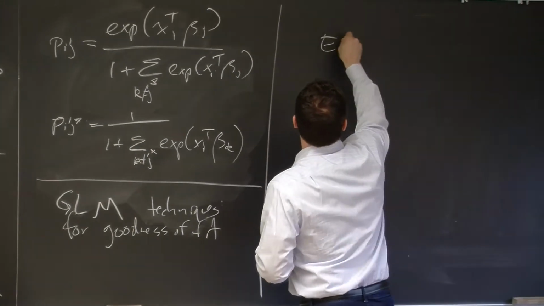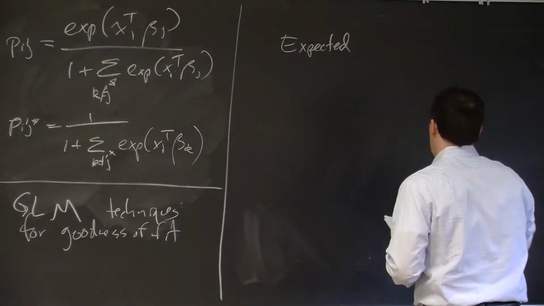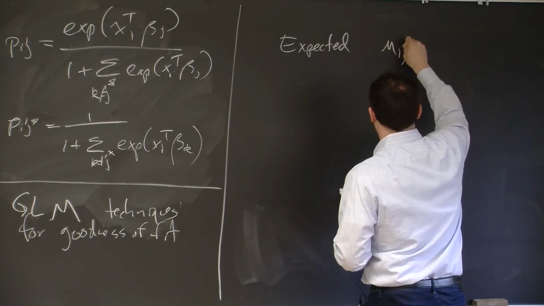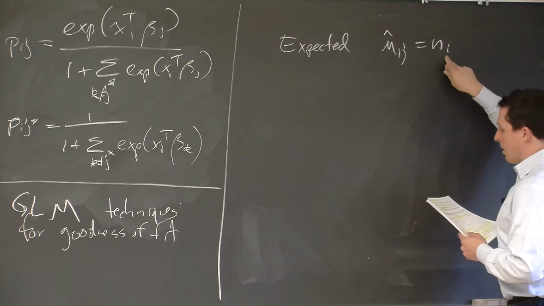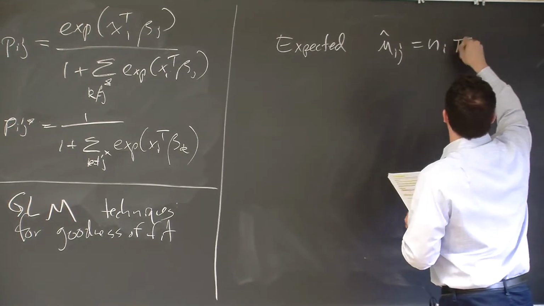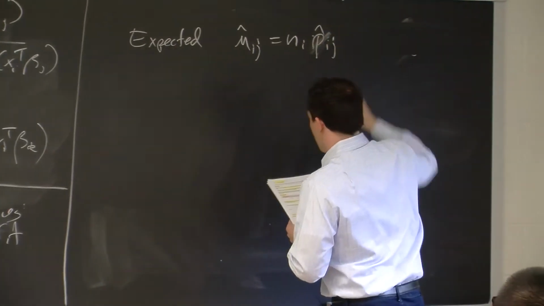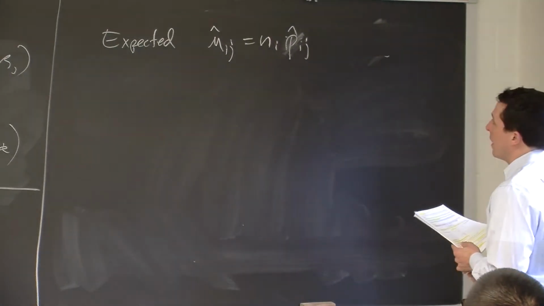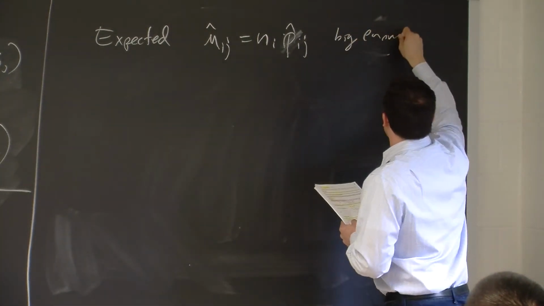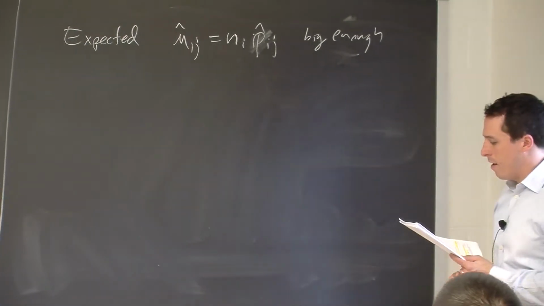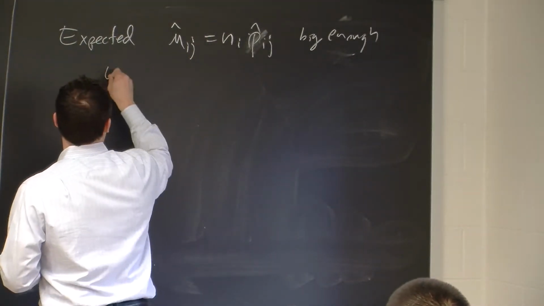So we want to get G squared and Pearson statistics. We want to look at expected counts, which is the number in that row times the estimated probability. And if most of them are bigger than 5, then we can test against the saturated model.